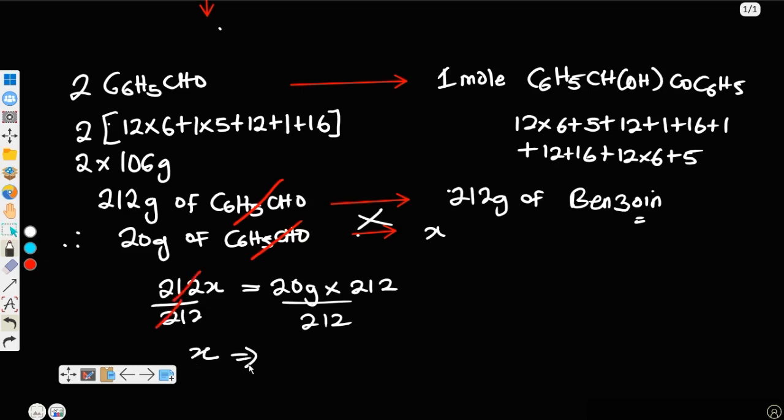X would be equal to, when you divide this by this, it will still give you 20 gram. So that will actually give us 20 gram of benzoin that is supposed to be formed. So the theoretical yield is 20 gram.